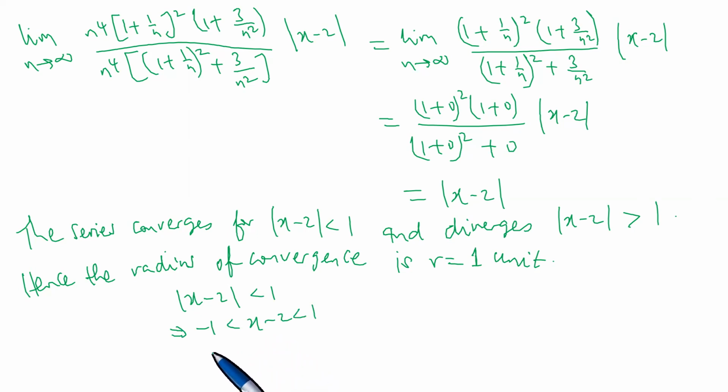So now, if you add 2, 2 minus 1 is 1, 2 plus 1 is 3.